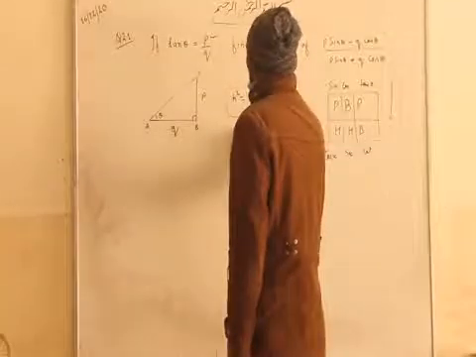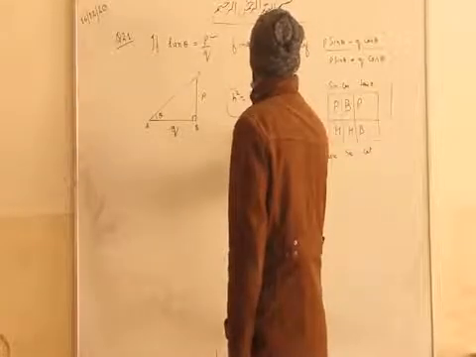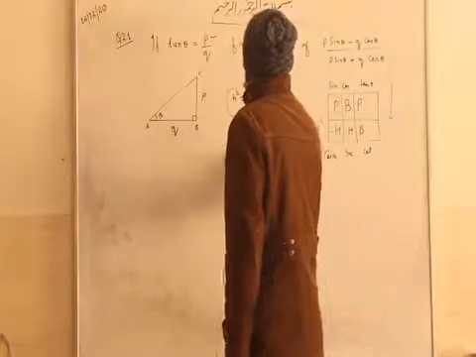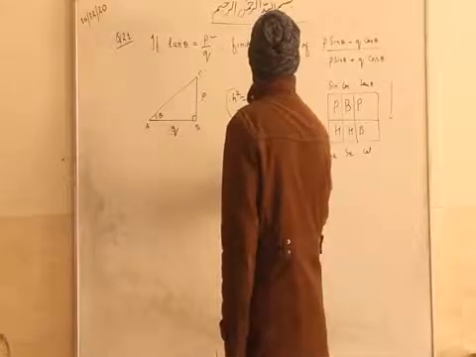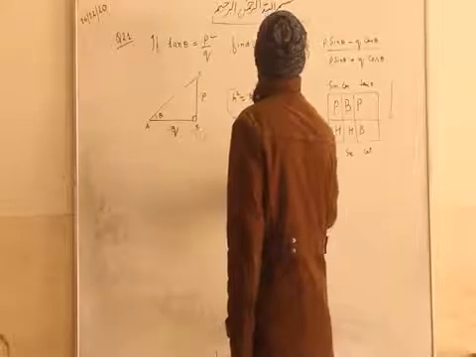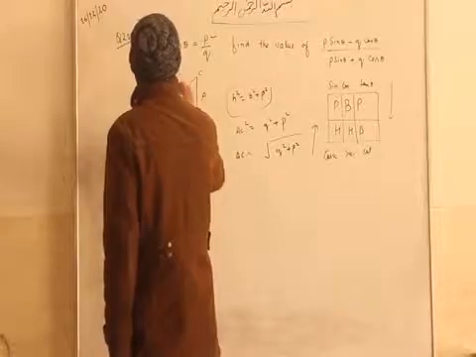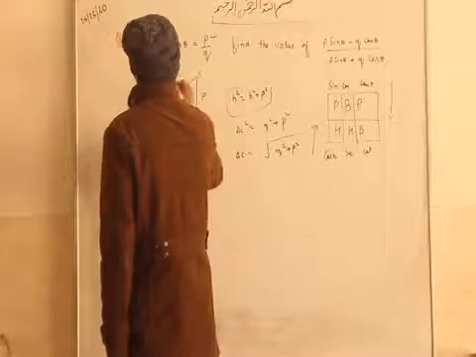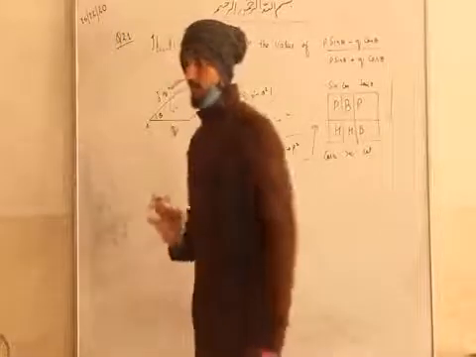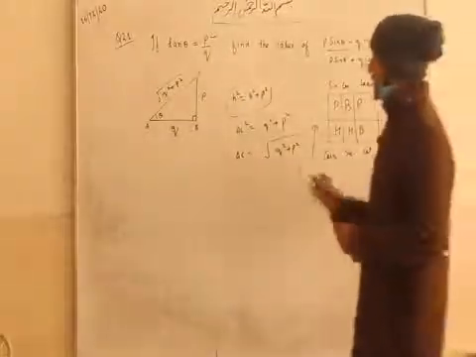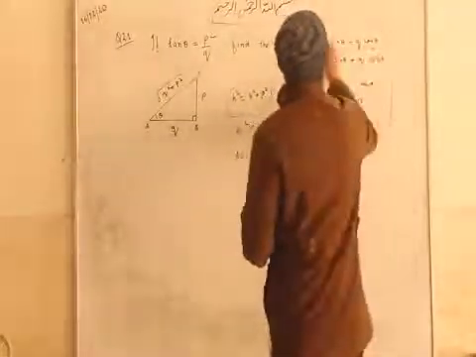AC square is equals to base, meaning Q square, plus perpendicular, which is already P. So AC will be under root Q square plus P square. Okay, so this is the value of AC, and we write it here. So now the triangle is completed. All 3 sides we have calculated. Now see the question. This is the question.